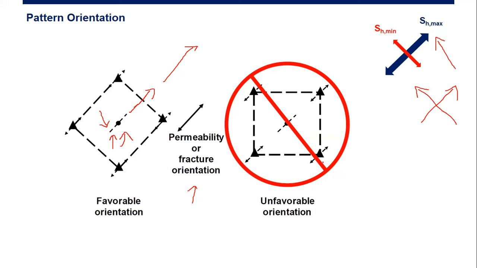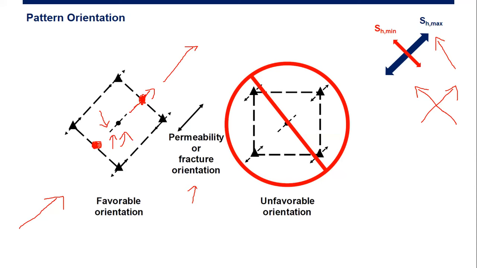All right, so if you want to put your producers, you need to make the alignment like the pattern we have on the left side, the favorable orientation. You need to make sure that you will not conduct infill drilling here to put a new producer, because later on the fracture will propagate, and at one point in time it will be connected with the producer, and you will suffer rapid water cut increase at your producer.